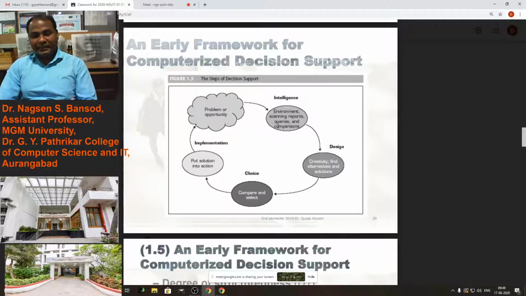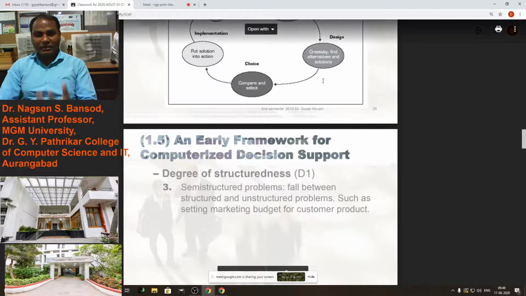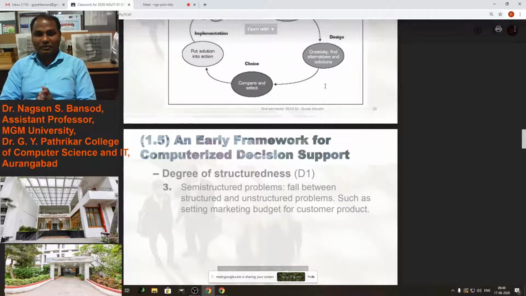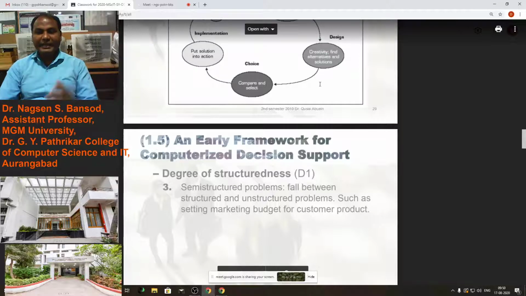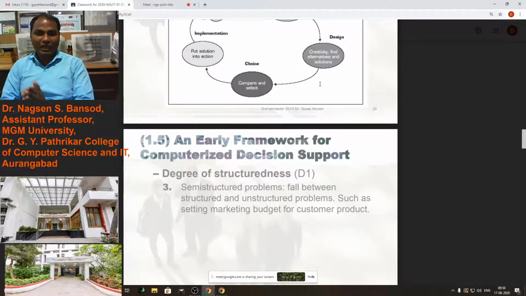After taking this intelligence factor, we have to go to the design. We have to make the design of a model. For that we require creativity. How we have to fix our employees, how we have to fix the design of a car, or how we have to recruit employees in our company, that model we have to make.